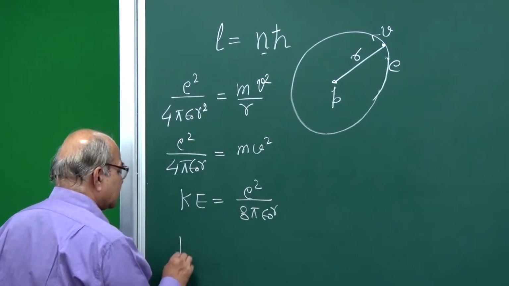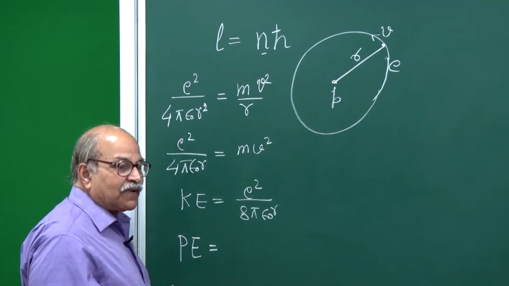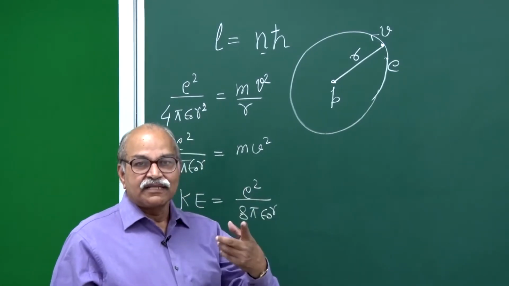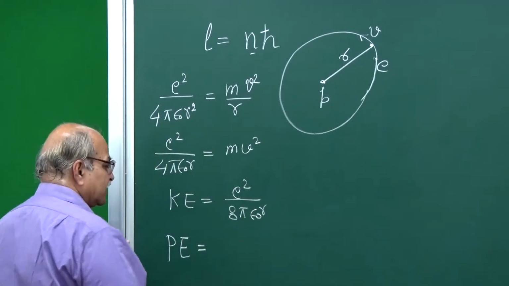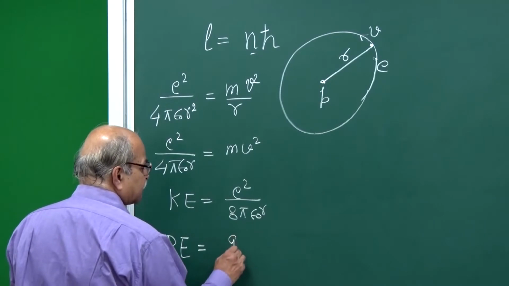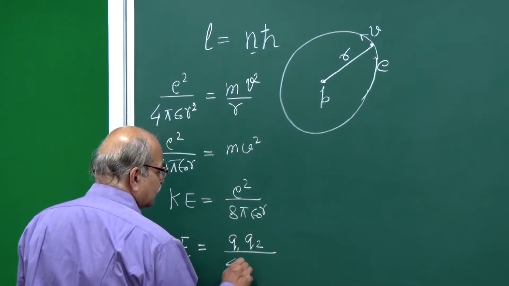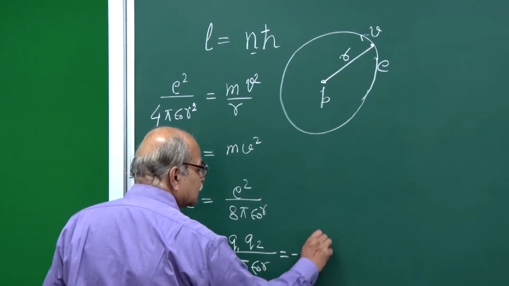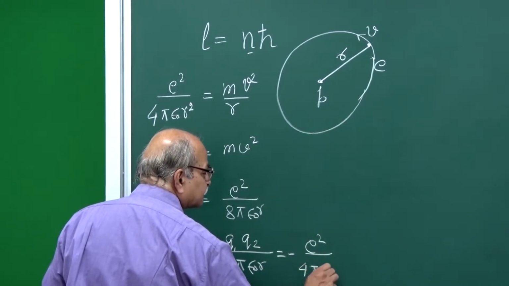And potential energy is q1 q2 divided by 4 pi epsilon naught r. Here the electron has negative charge, the proton has positive charge. So this potential energy is minus e square over 4 pi epsilon naught r.